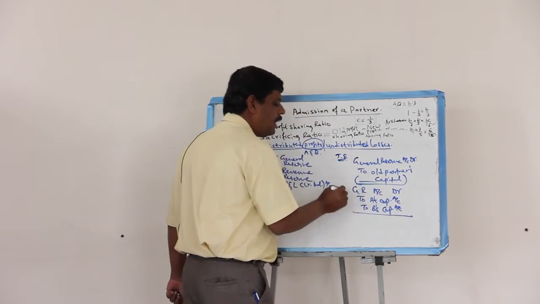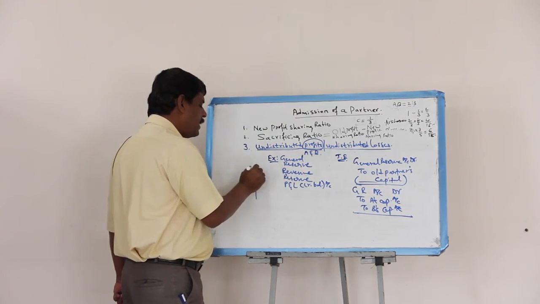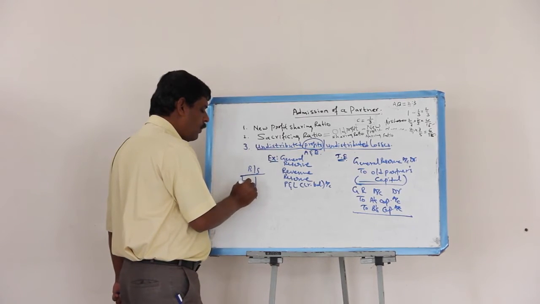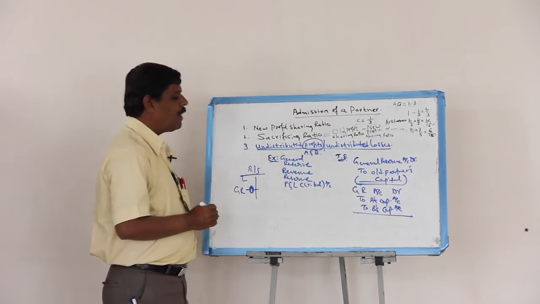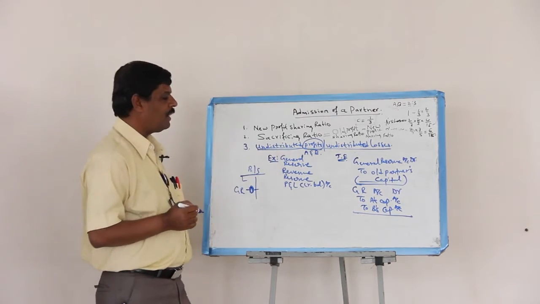By writing this entry, the general reserve existing on the liability side of the old balance sheet becomes nil, zero. In the new balance sheet, general reserve will not appear after the admission of the partner.